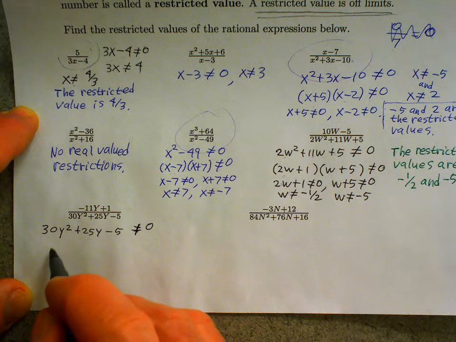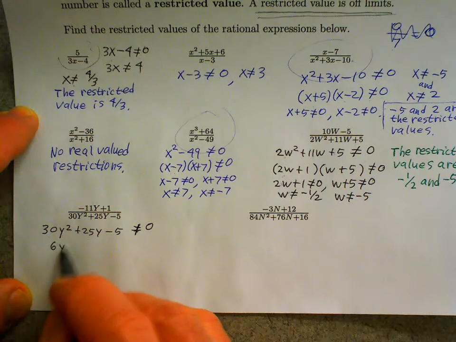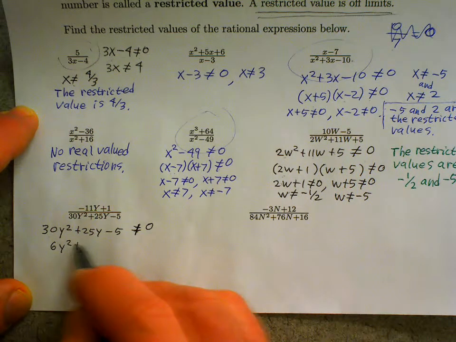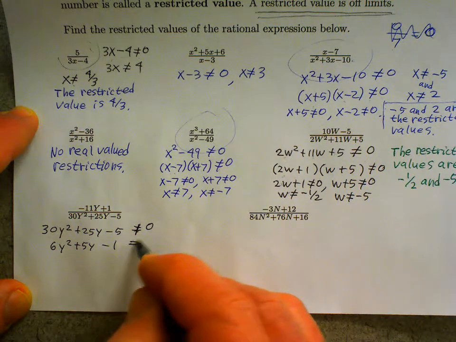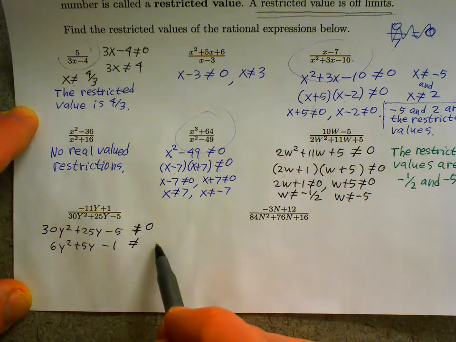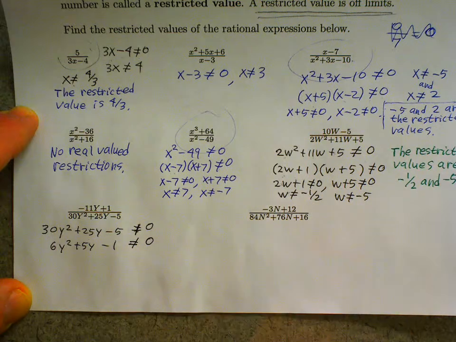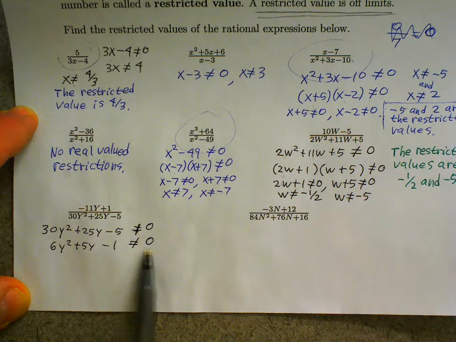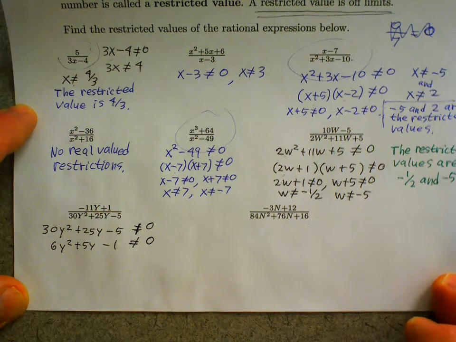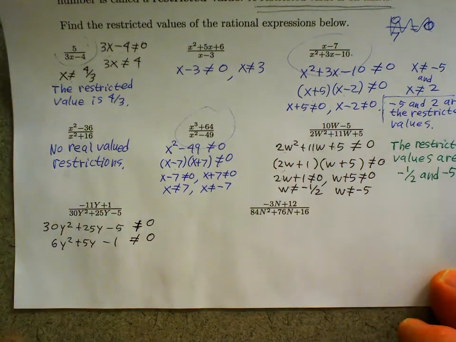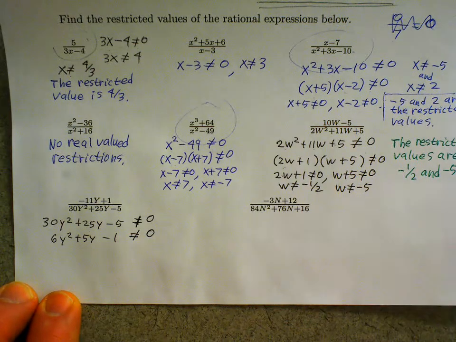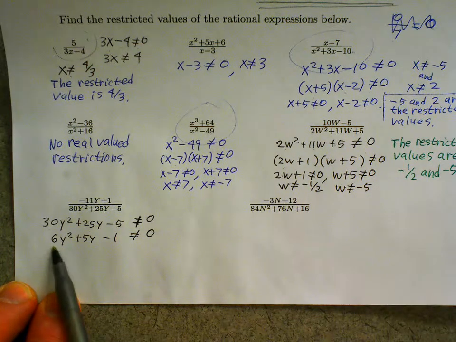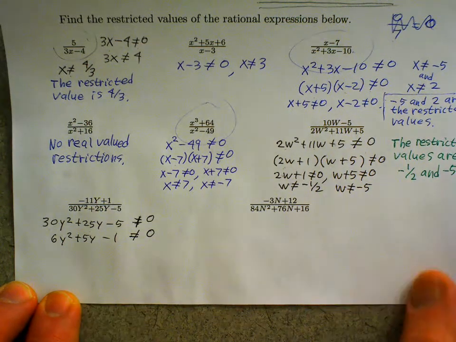And we'll get 6y to the second plus 5y minus 1. And 0 divided by 5 is still 0. So 6y to the second plus 5y minus 1 does not equal 0. Okay, well, this turns out to be factorable.